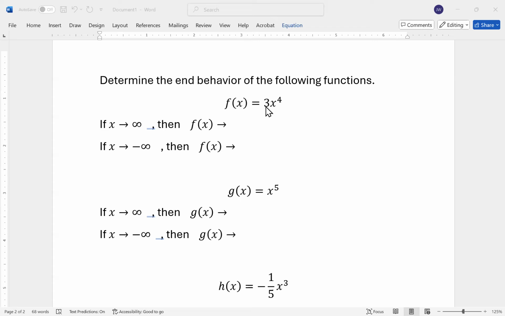So in general, I know it's going to point up on both sides. Therefore, if x goes to the right, then my function value is going to go up to positive infinity. And as x moves towards the left, I know my function value, again, is going to positive infinity.